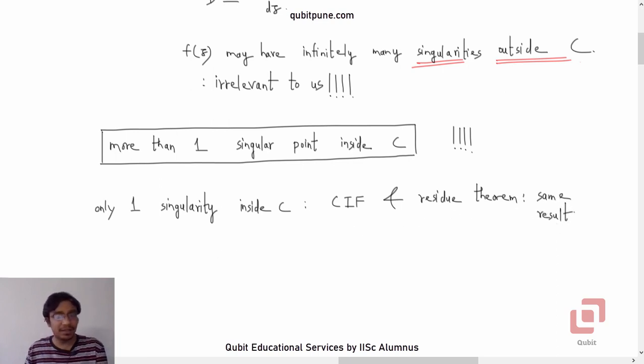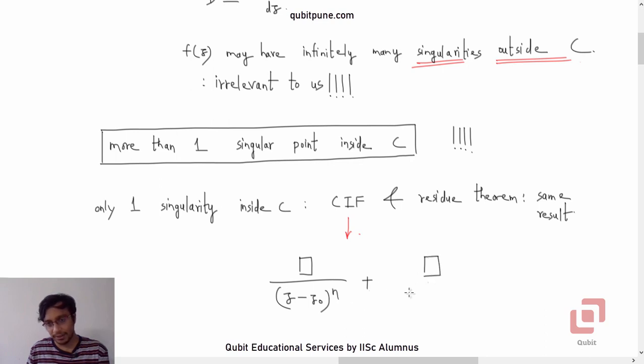And if you still insist that we are to solve this problem by the Cauchy's integral formula, then you are required to split it into the function upon z minus z naught raised to n, plus a different numerator upon z minus z1 raised to, let us say, n prime, and so on.